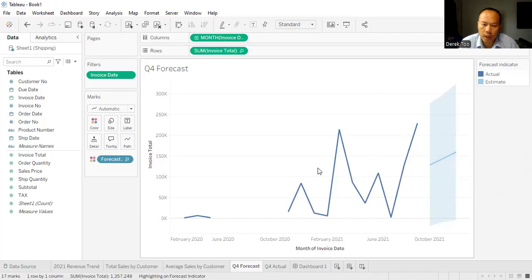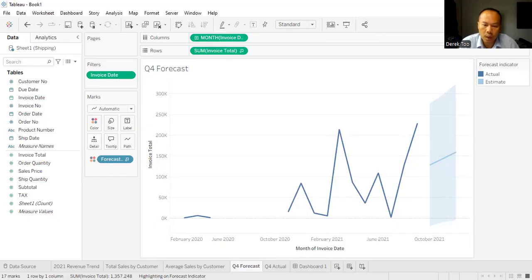Okay, now moving to the next question. Now it is the actual sales. What are the actual sales for 2021 and for the months of October, November, December? I have the answers here already, and I also have the dashboard that I copied from Tableau, but let's look at Tableau and figure this out.